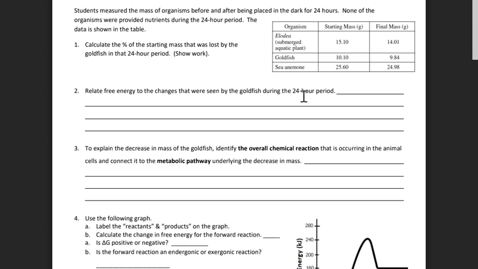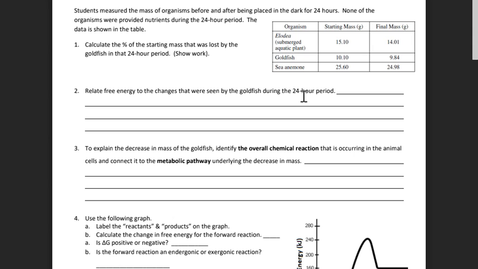We're breathing. Be very specific. To explain the decrease in mass: mass is decreasing because molecules are being broken down for energy and those carbon atoms are being exhaled as CO2. It's one sentence.